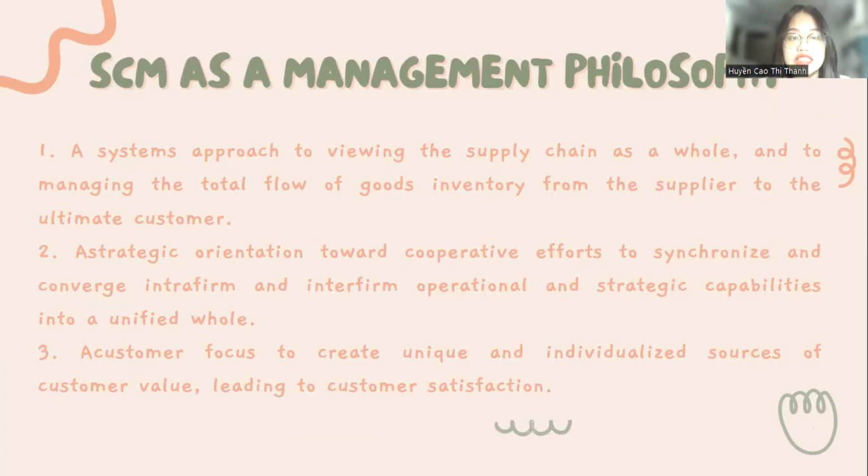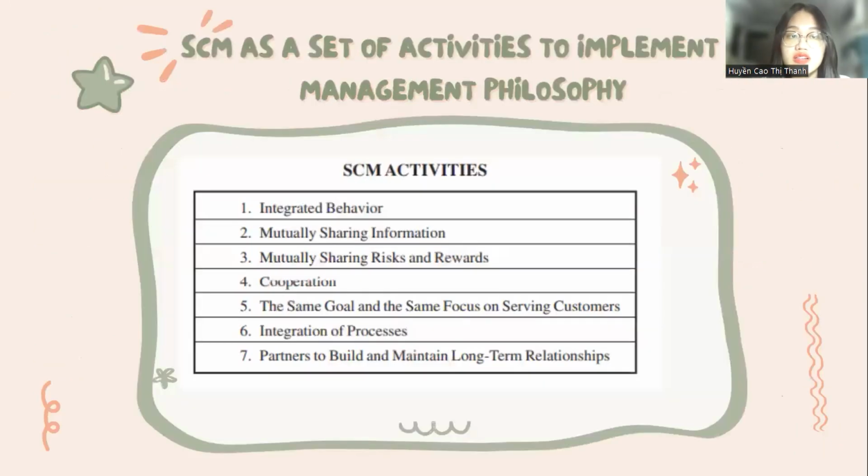The second one is the strategic orientation toward cooperative efforts and encouraging the interfirm operational and strategic capabilities into unifying the whole. And the last one is a customer focus to create a unique and individual source of customer value, leading to customer satisfaction.